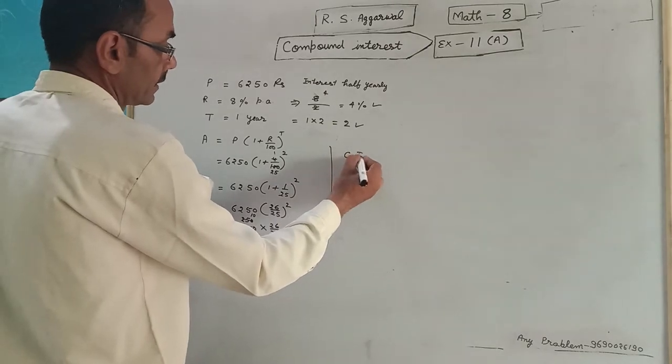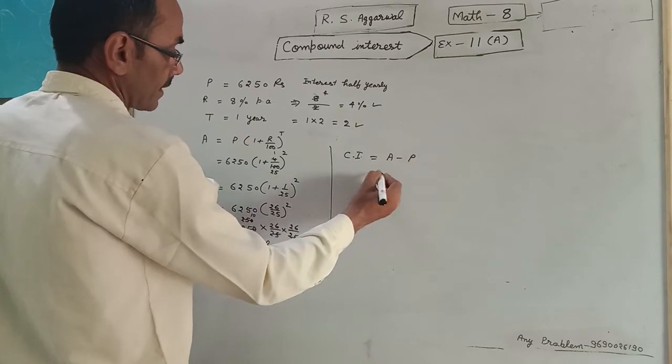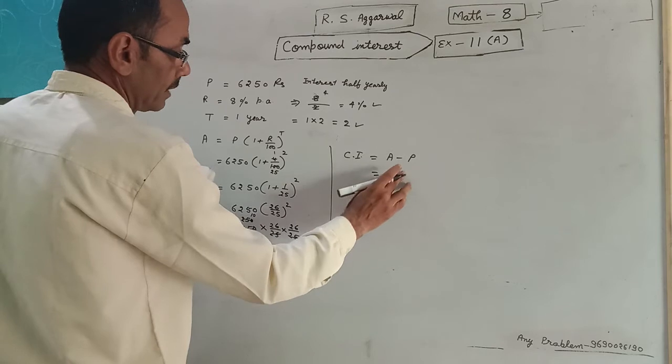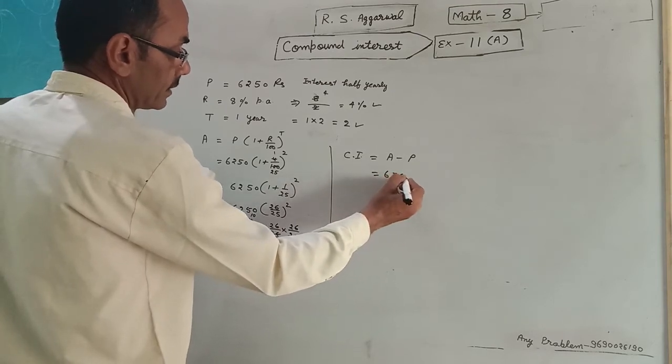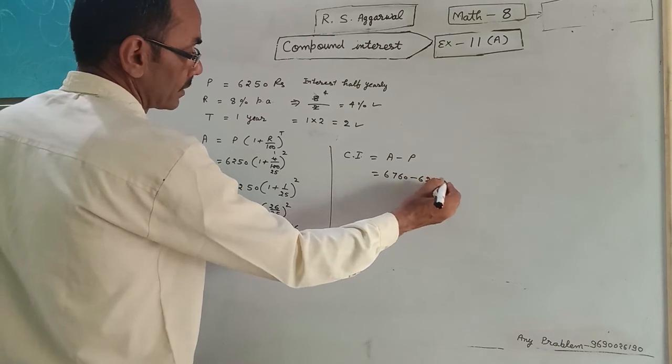We find the CI. Compound interest is equal to A minus P. A is 6,760 minus 6,250.